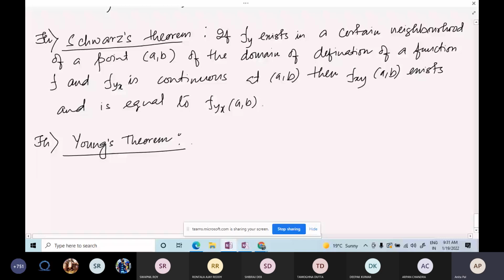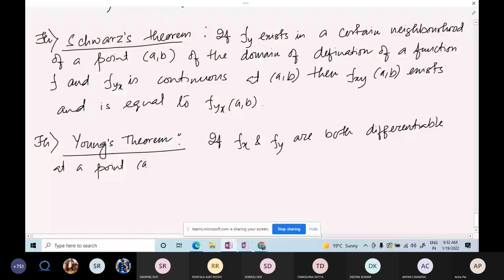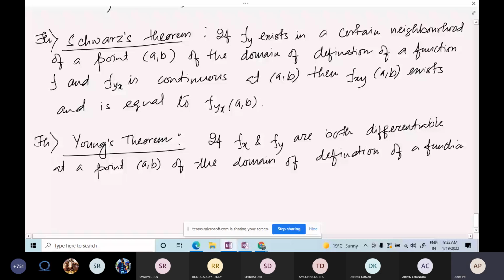If fx and fy, that is del f del x and del f del y, are both differentiable at a point (a, b) of the domain of definition of a function f, then fxy(a, b) will be equal to fyx(a, b). Here, for both theorems, the conditions given are sufficient. They are not at all necessary.